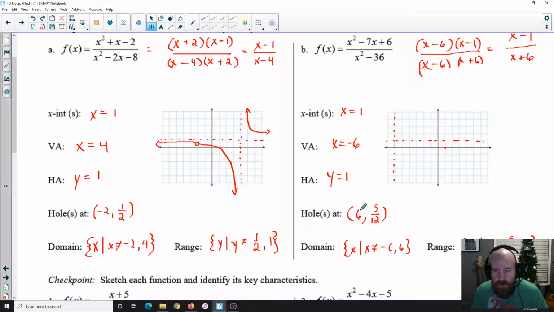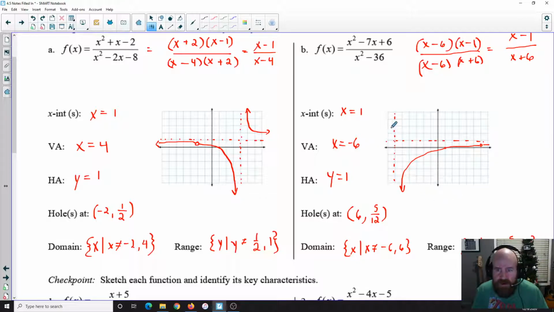And we have a hole at 6 and 5/12. So 5/12 is roughly here, so we're just going to draw a circle there. So we have our hole here and our x-intercept, so we know we have a curve in this quadrant of the graph.